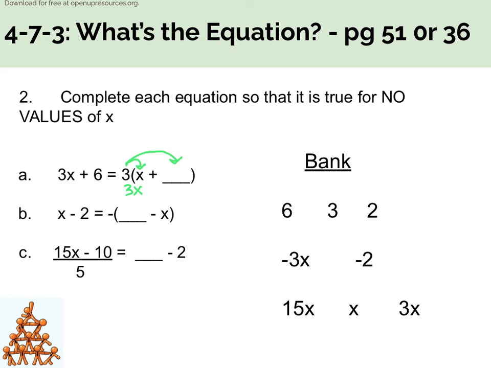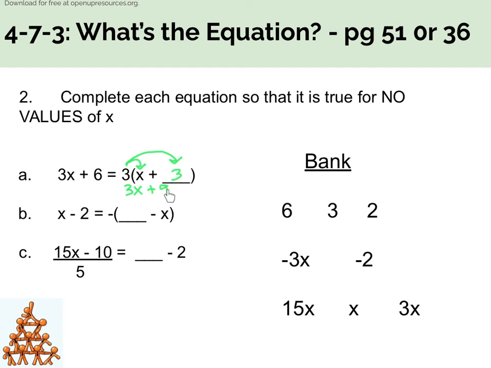There's a lot of stuff I actually can put in there. So I don't need it to be a 6. So what if I do 3, and let's put a 3 in here. What's 3 times 3? Well, 3 times 3 is 9. So I do have my 3x on the left-hand side, 3x on the right-hand side. That's what I do need, okay, remember that? But then my numbers need to be different.